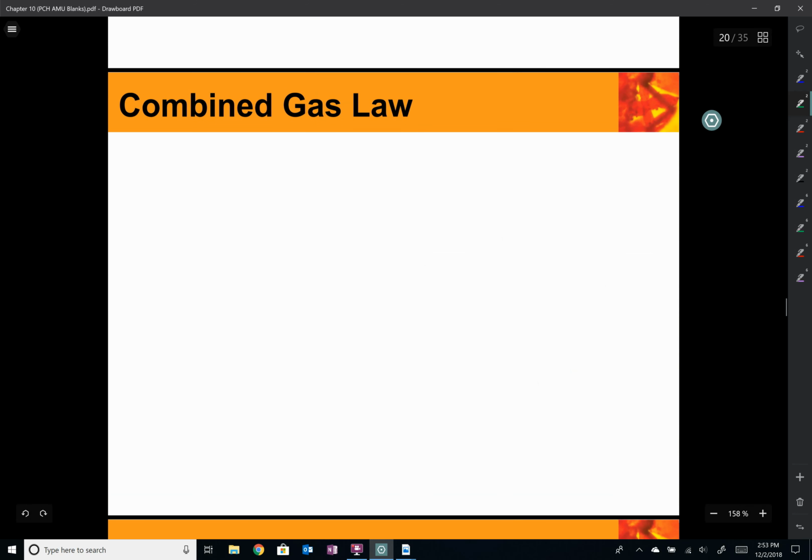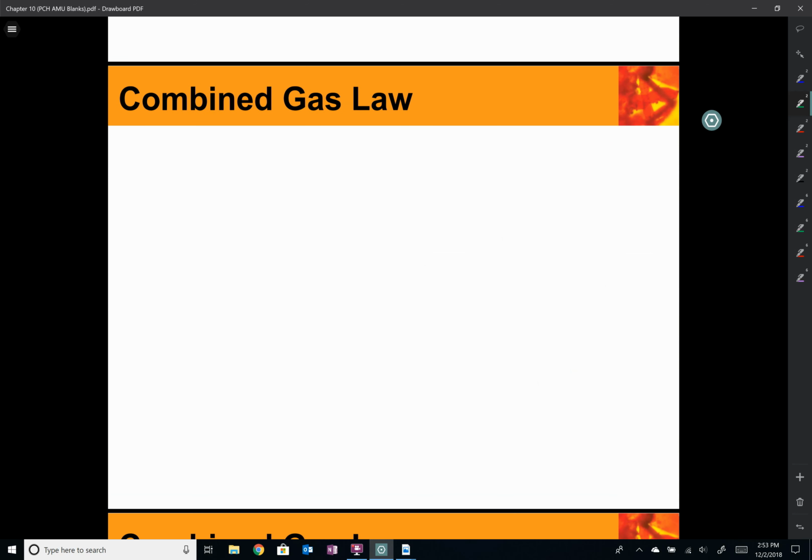Now we get to the crux of the matter, something known as the combined gas law. The combined gas law is probably one of the most useful ideas or equations that we can use. It works like this: P1 V1 over N1 R T1 is equal to P2 V2 over N2 R T2.